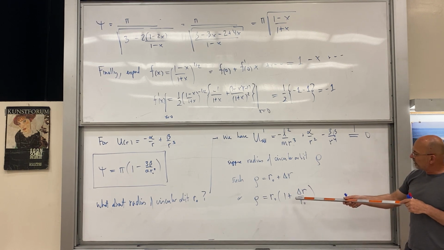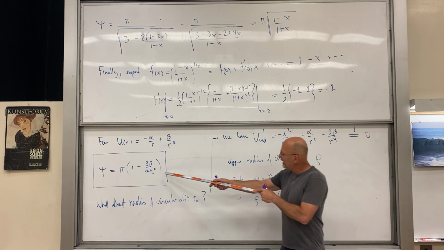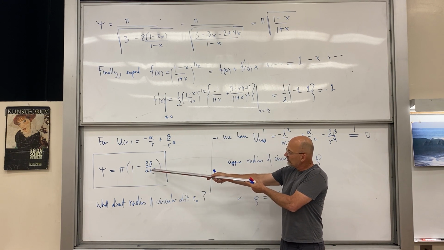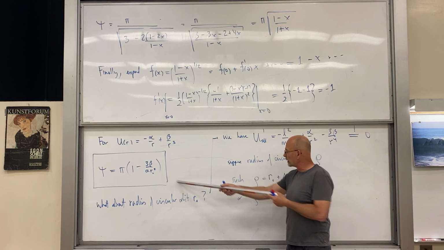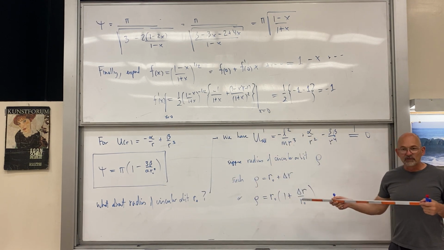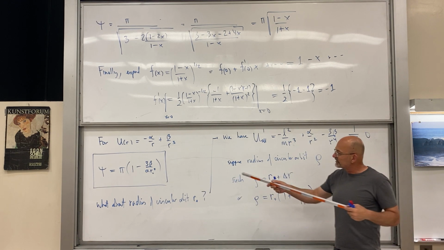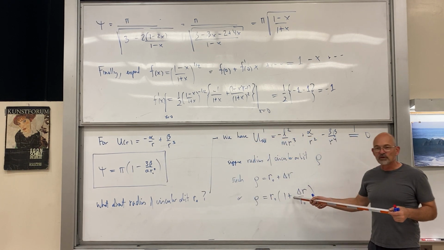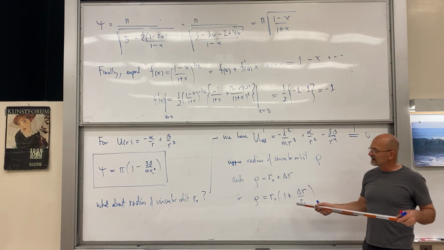Which means that if we plug this rho into here and do this expansion, we'll get 1 minus 3 beta over alpha R0 squared plus something that is much, much smaller. And since this is already going to be small, this will be second order small and can therefore be neglected.